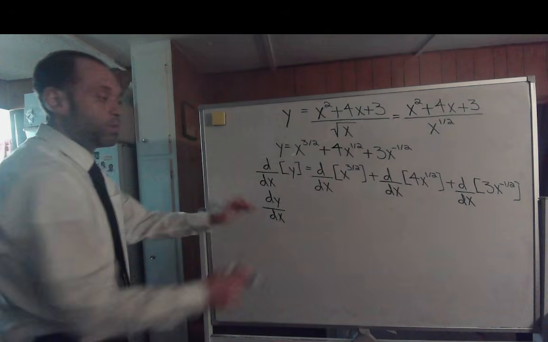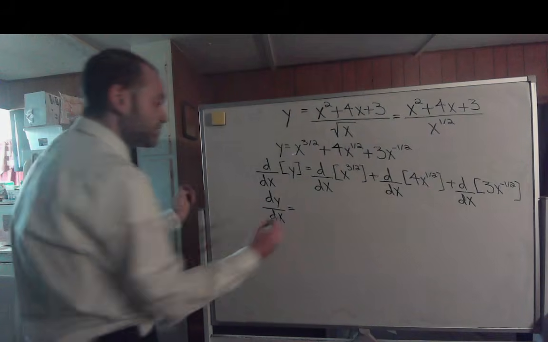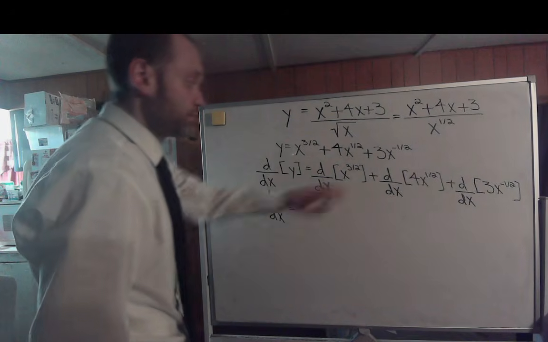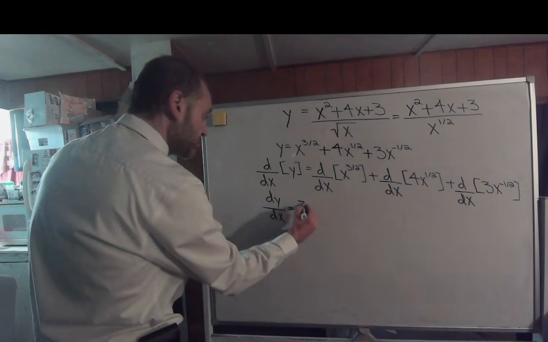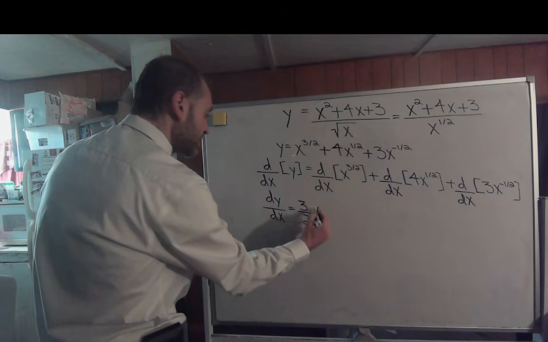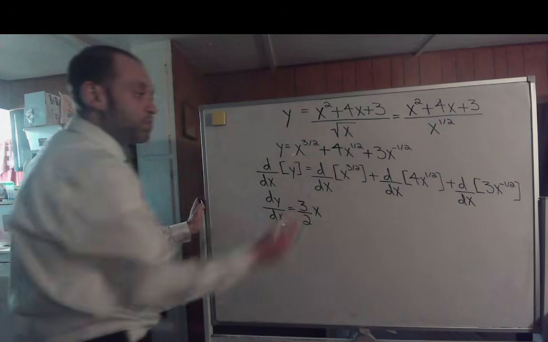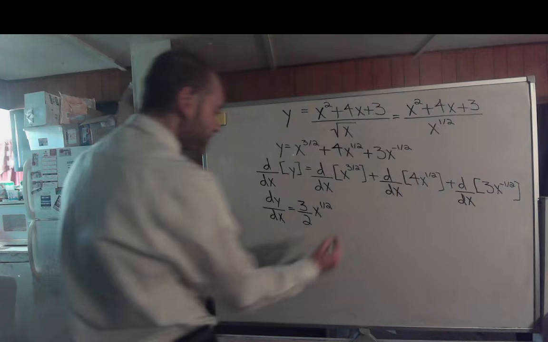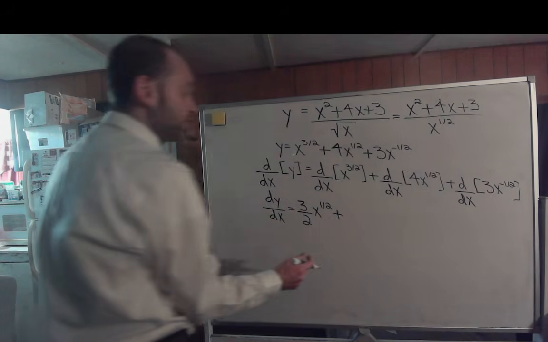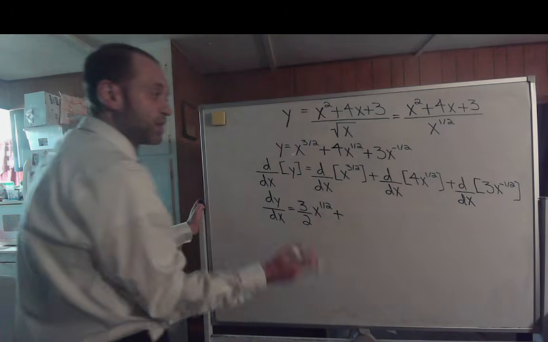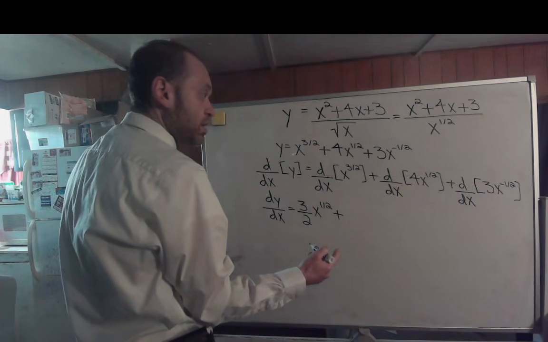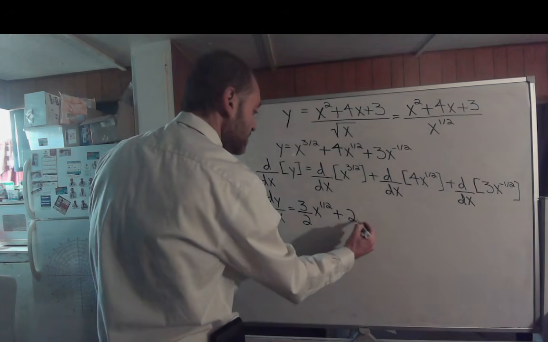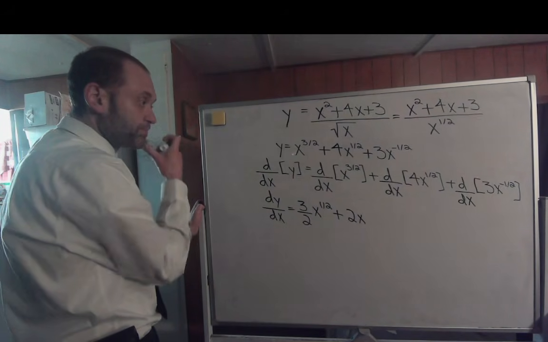The derivative of y with respect to x is going to equal the derivative with respect to x of x to the 3 halves. That would equal 3 halves times x, then subtract 1 from 3 halves, that'd be x to the 1/2. Plus the derivative with respect to x of 4x to the 1/2. Well, that's going to be 1/2 times 4, which is 2, so that'd be 2 times x.